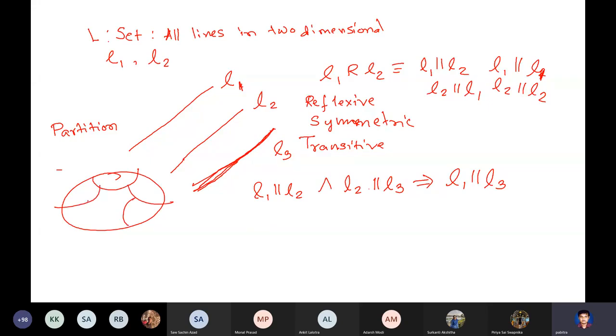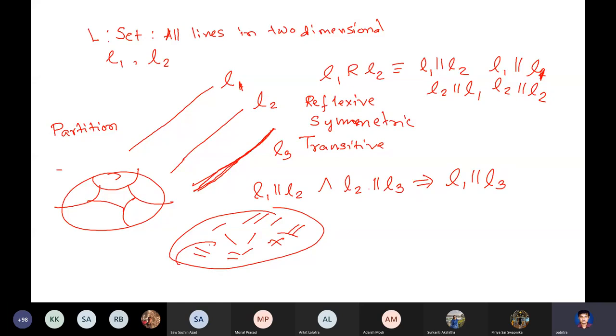So if you take the set of all possible lines in the world, and you group them such that they are parallel to each other, all lines which are parallel to each other form a group.